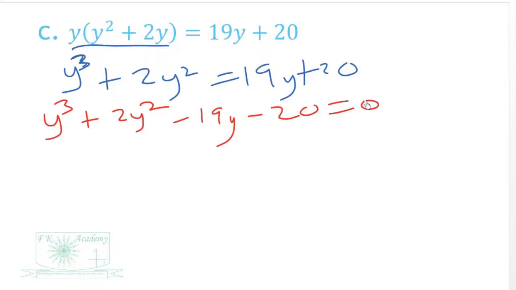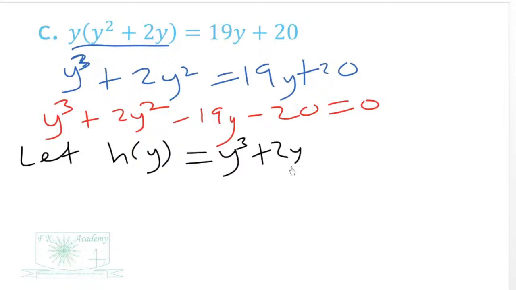So once again, we use the factor theorem to check the factors. So let h of y be equal to the cubic equation y cubed plus 2y squared minus 19y minus 20. So we check for h of negative 1.